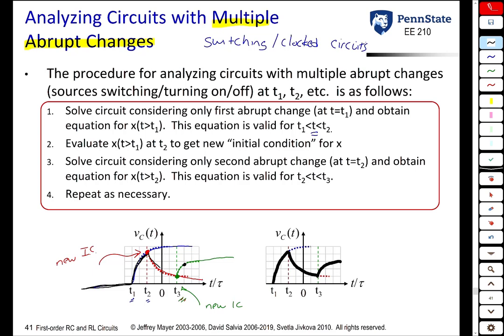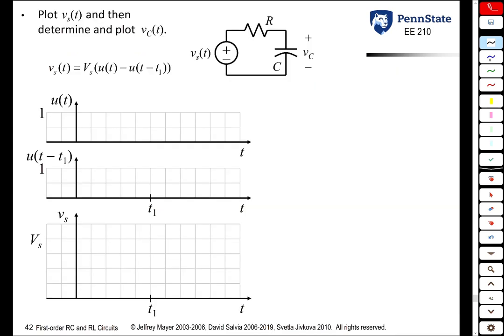It's going to be the red curve between T2 and T3, and it's going to be the green curve after T3, and we get that. So let's do a couple problems to illustrate this idea. You also want to look in the book at example 7.6. They also do a problem there.